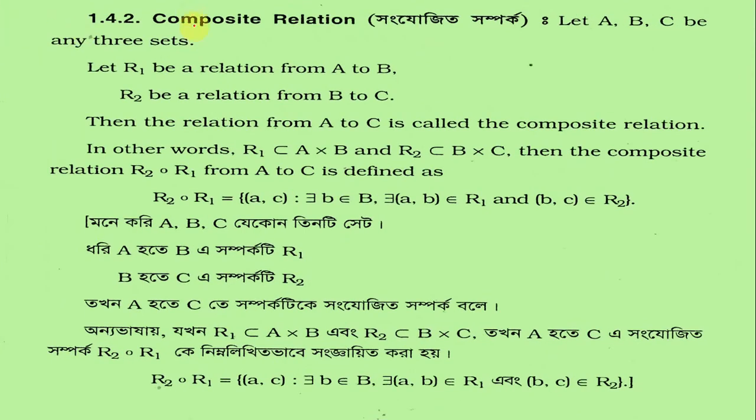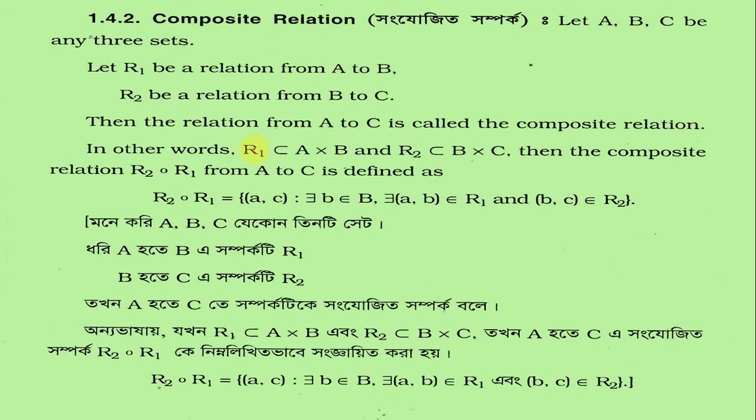My dear students, let us discuss composite relation. Let A, B, C be any three sets. Let R1 be a relation from A to B, R2 be a relation from B to C. Then the relation from A to C is called the composite relation.